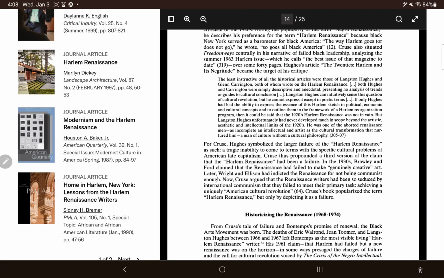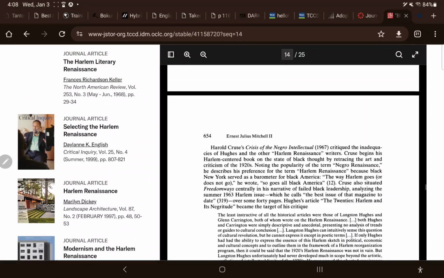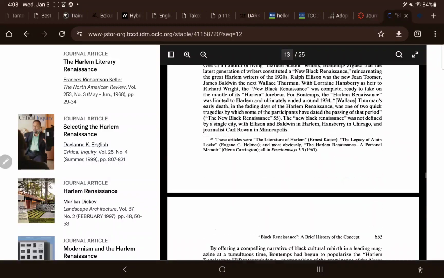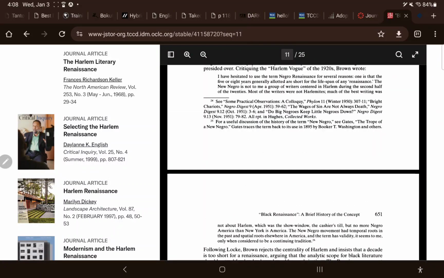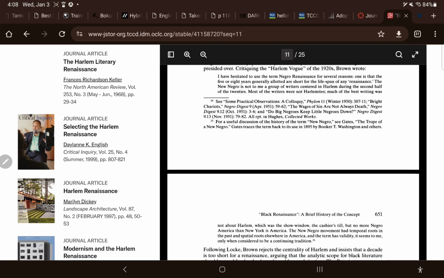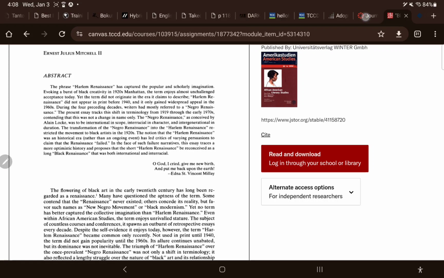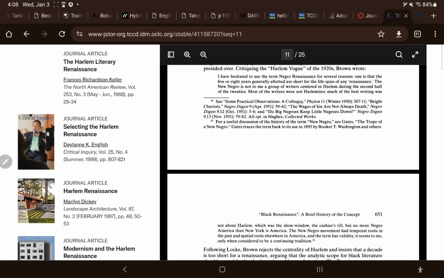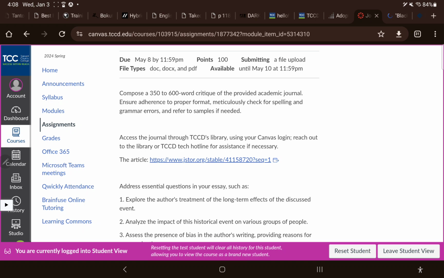That is an opinion, and you are providing that in your critique. But yeah, look over it, check it for the major items that you'll need.